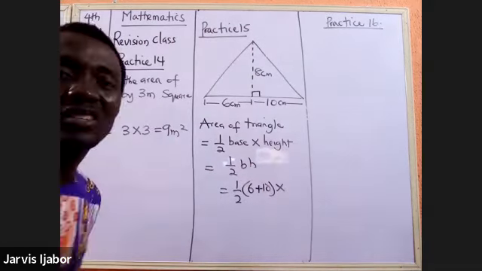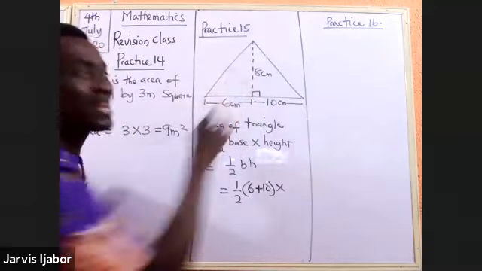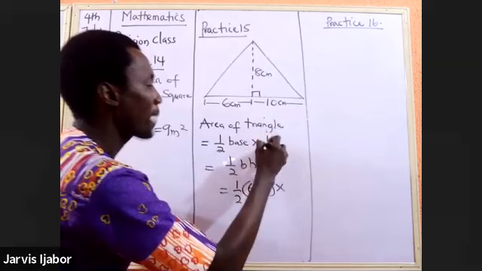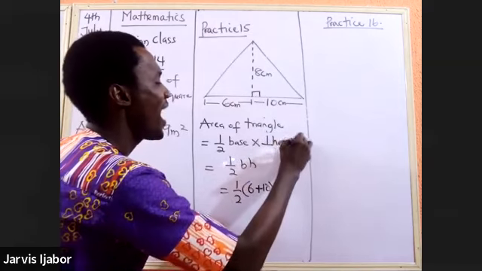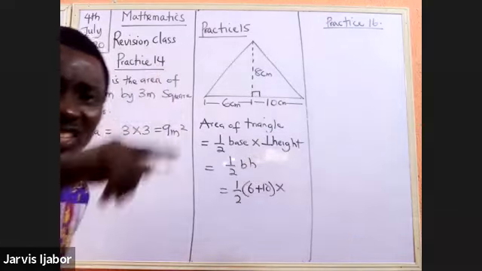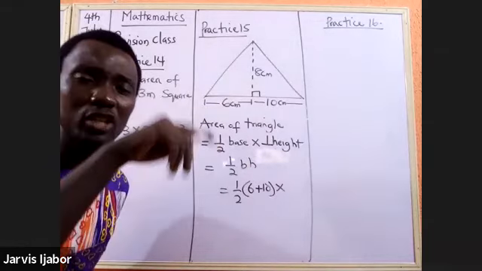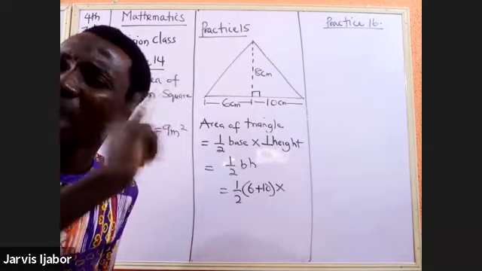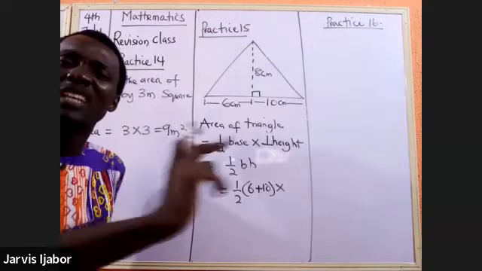What is your height? This is your height. Perpendicular height. Anytime you see the letter H in mensuration, in geometry or in mathematics, that is perpendicular height. It's a special type of height, meaning vertical height.